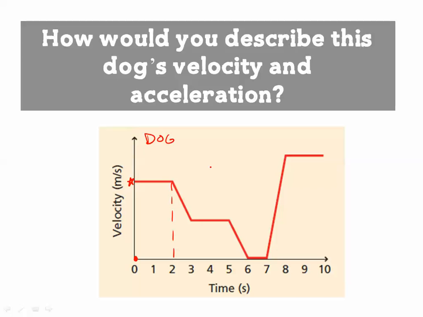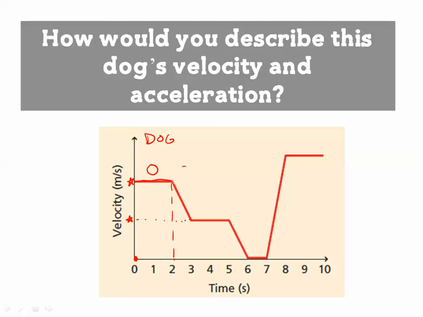It's not accelerating, therefore it has a horizontal line with 0 slope, so its acceleration is 0. Now the dog's velocity decreases to this point over the course of 2 to 3 seconds.